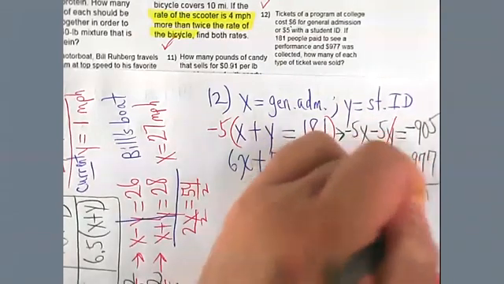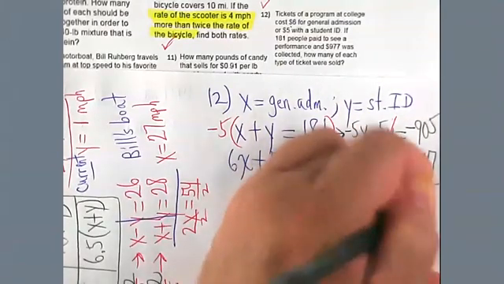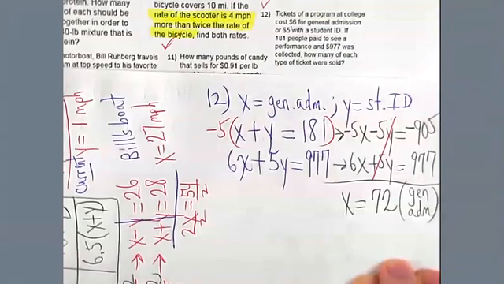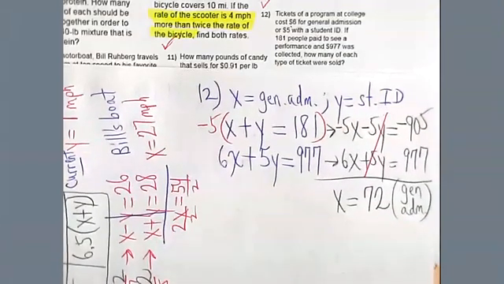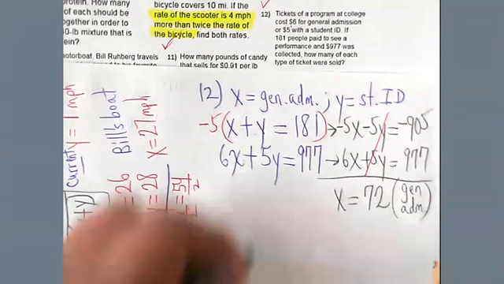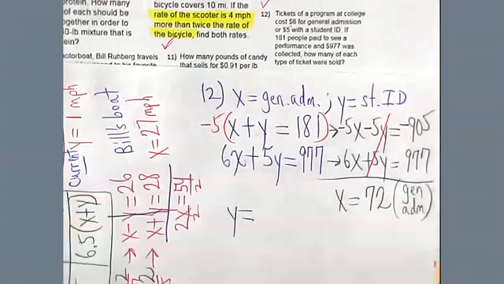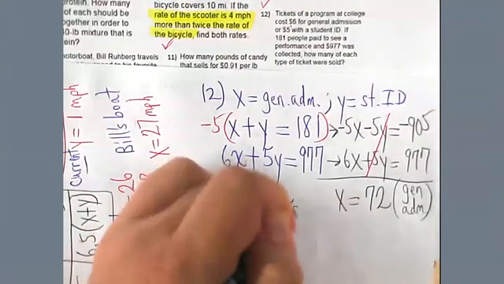And that is the number of general admission tickets sold. Y is equal to 109 for student ID.